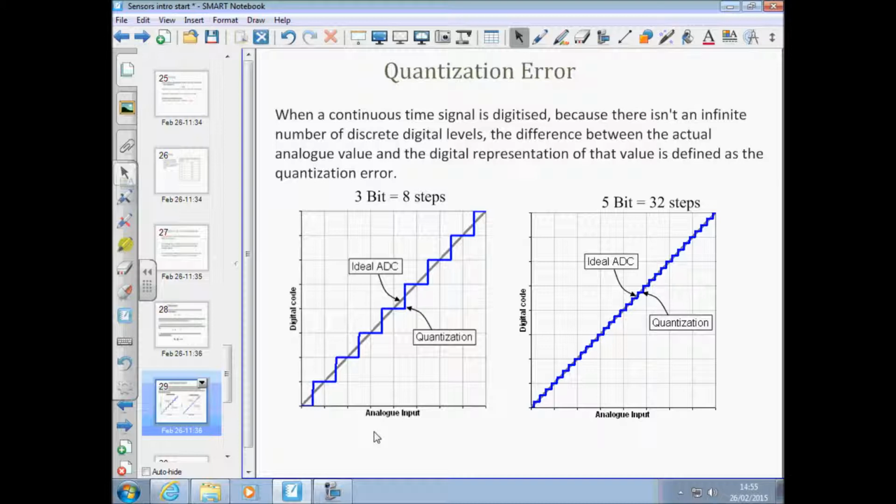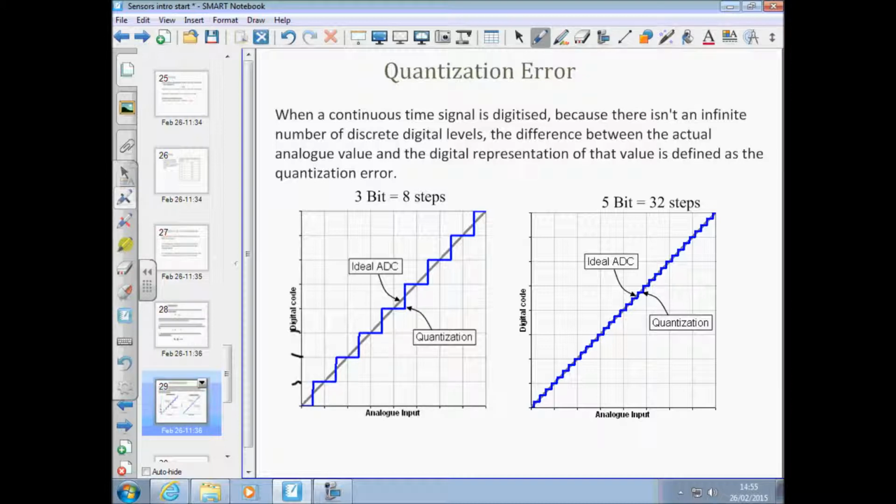But however many bits we have, we'll always have some amount of quantization, what's called quantization error. The left-hand image is 3-bit with 8 steps, representing 0 to 10 volts. The straight line going up the middle is the actual voltage we're trying to represent, and you can see there's an error of plus or minus half the step size.